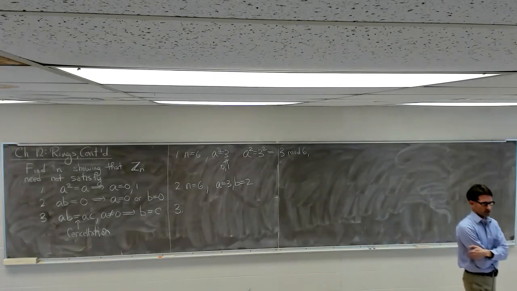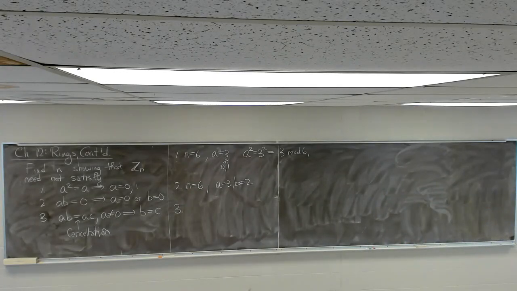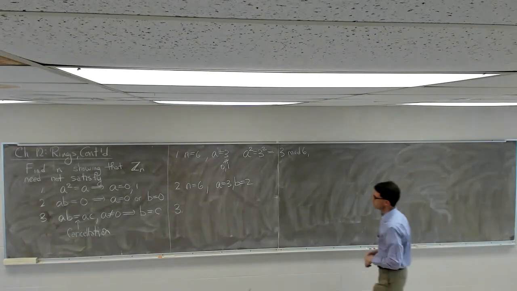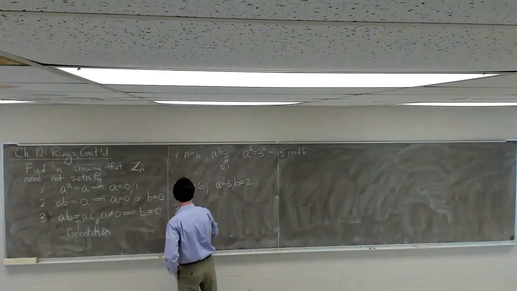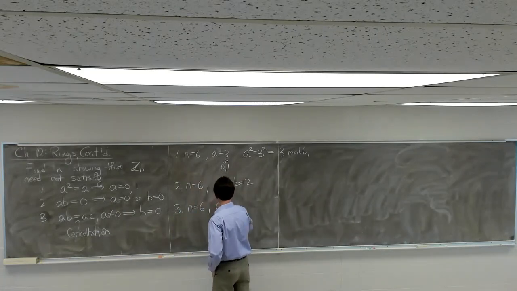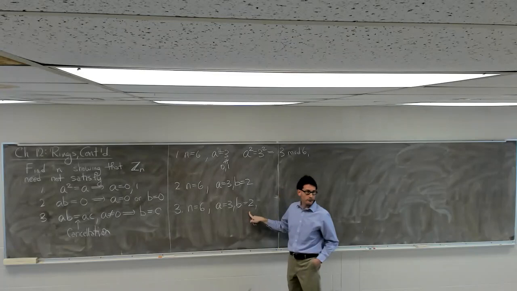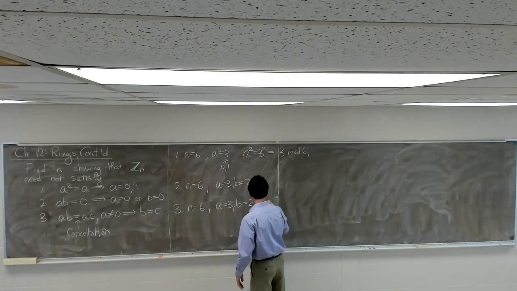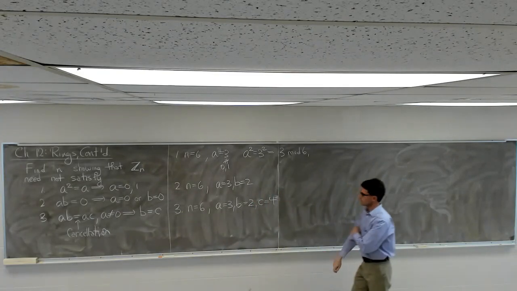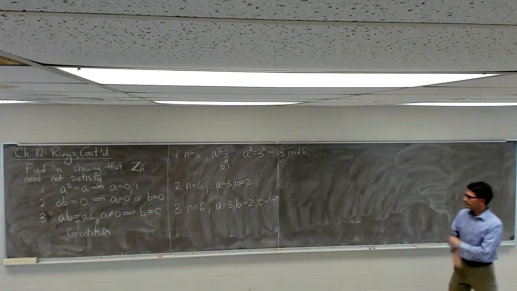Then the last one. So, N equals 6, A could be 3, B equals 2, and C equals 4. Three, 2, and then you said 4. C is equal to 4.